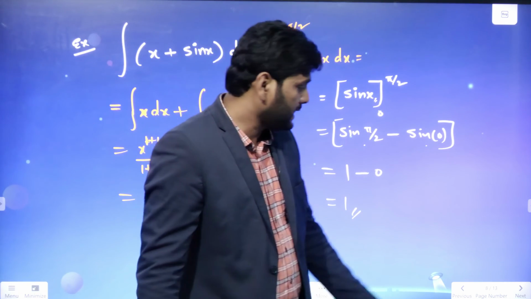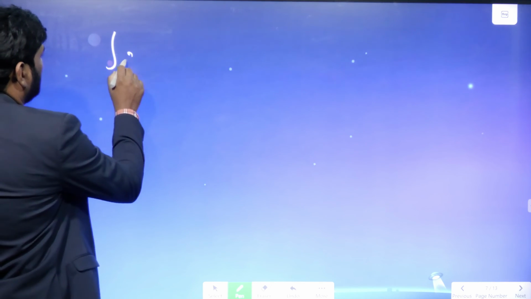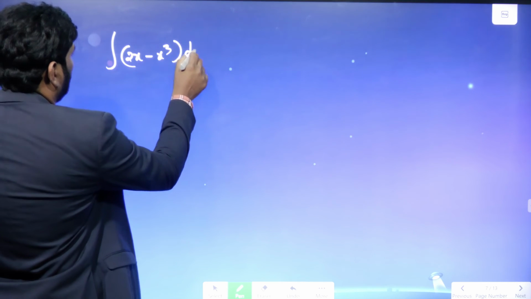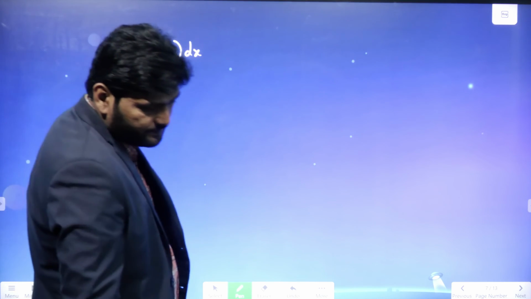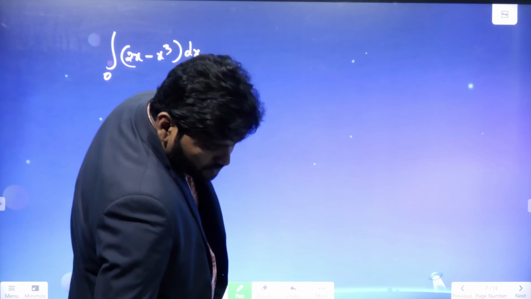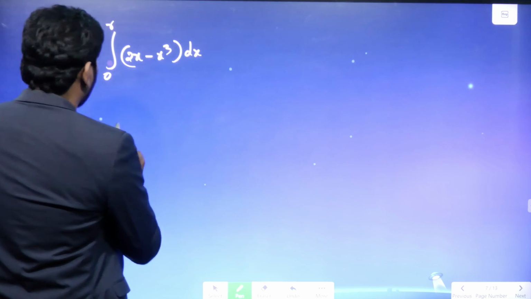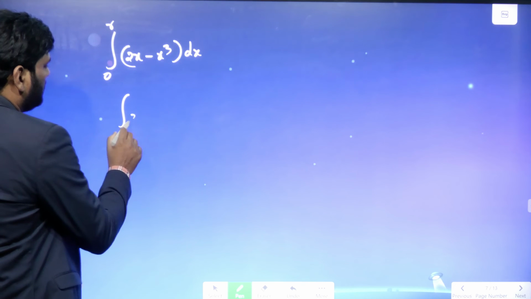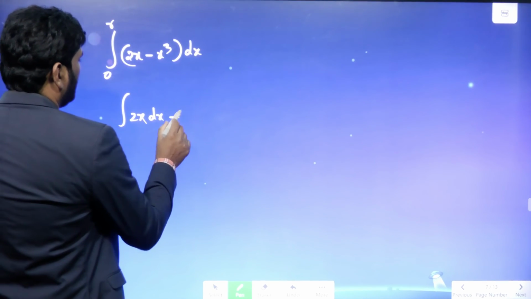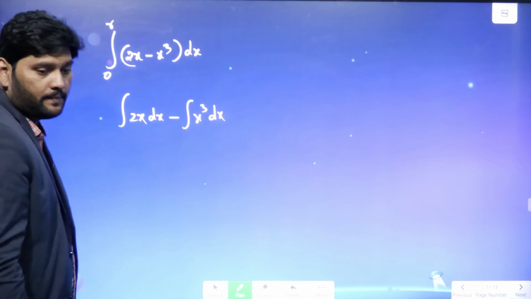One more question: integral 2x minus x cube into dx. This is your question. The limits are 0 to some r. First apply integral 2x dx minus integral x cube dx, applying the limits.